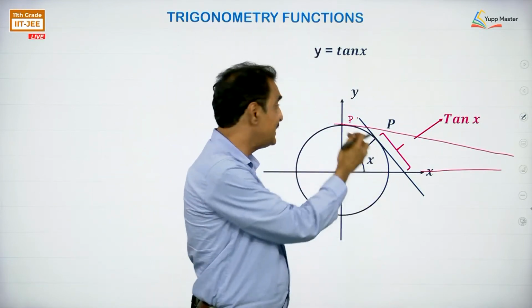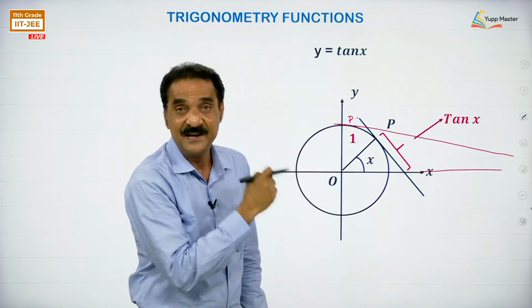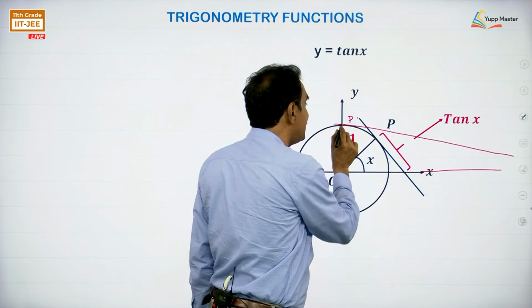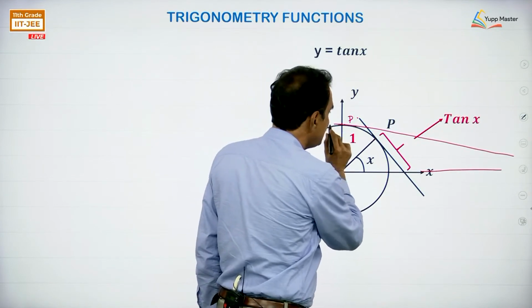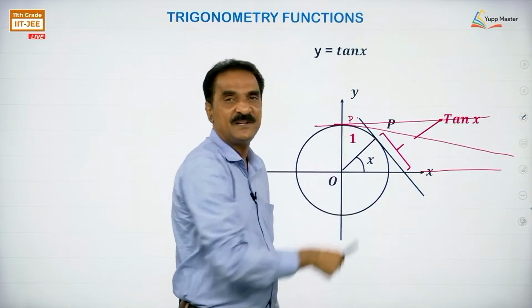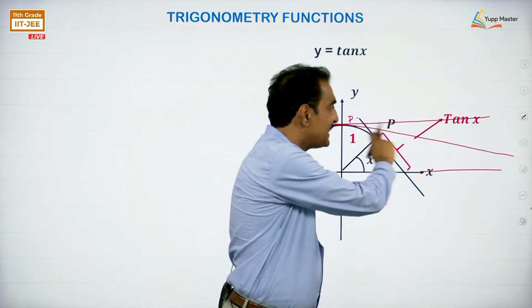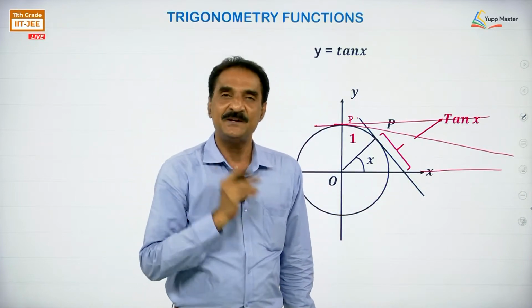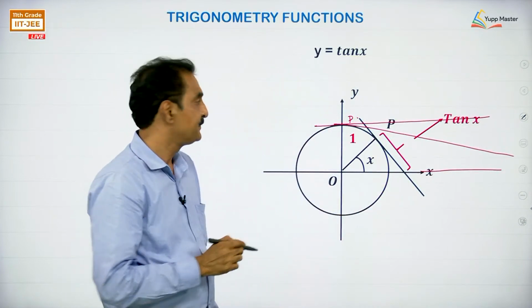When P reaches this 90 degrees position, then the tangent at P will be parallel to x axis. There is no intersection point with x axis. That means at 90 degrees, this length of the intercept is not defined. That is why tan 90 degrees is not defined.